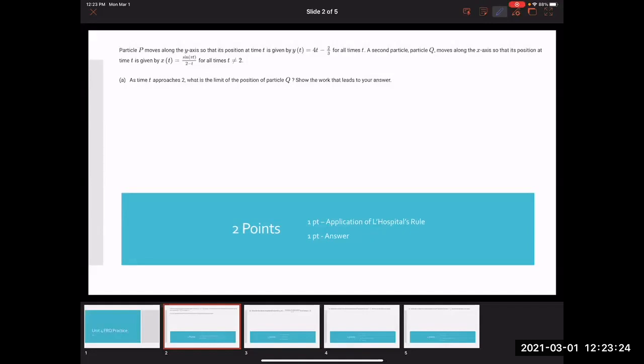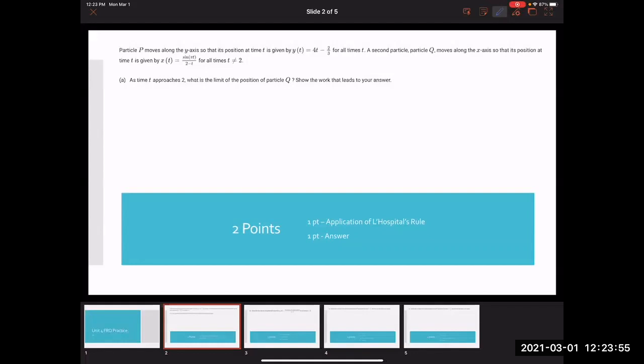Well, that immediately causes a problem for the first part of the FRQ, because the first part is asking us to determine, as t approaches 2, what the limit of the position of particle Q is. Particle Q is the one represented by the quotient. So immediately you know that when you try direct substitution with the limit, you're going to run into an issue. And this is where L'Hopital's rule comes into play.